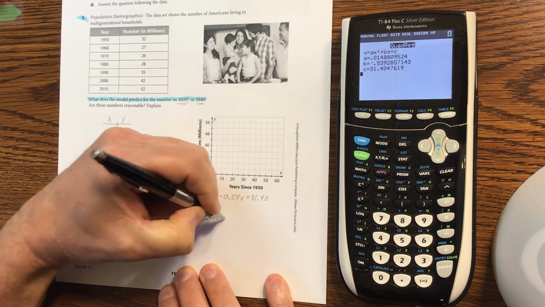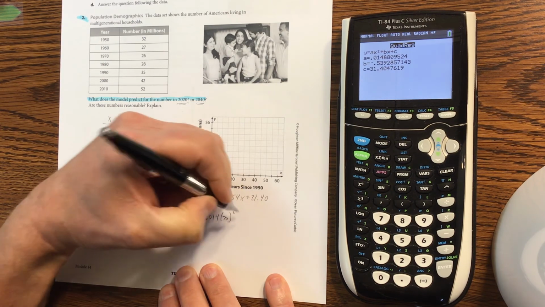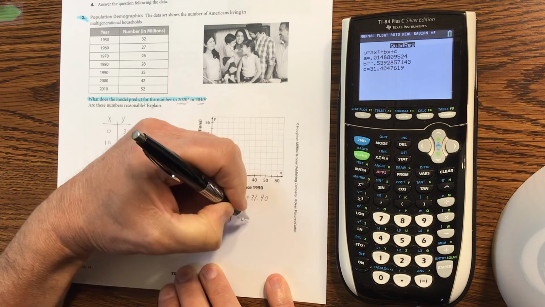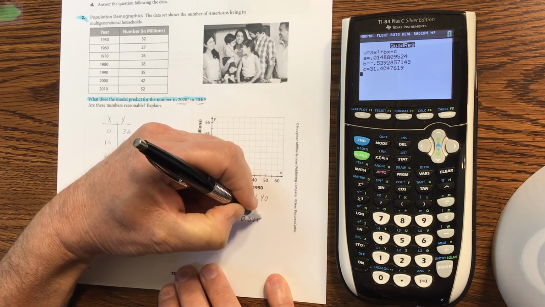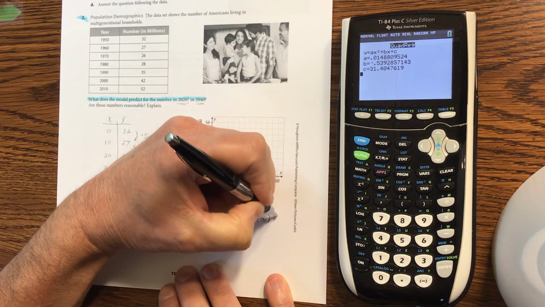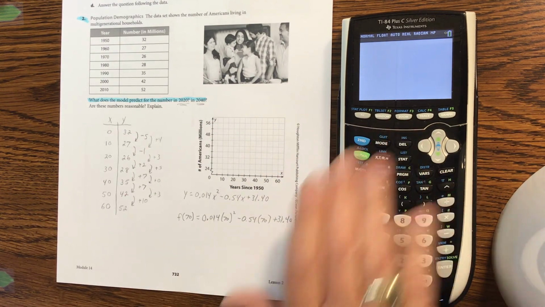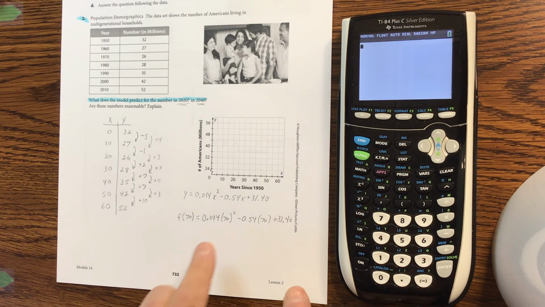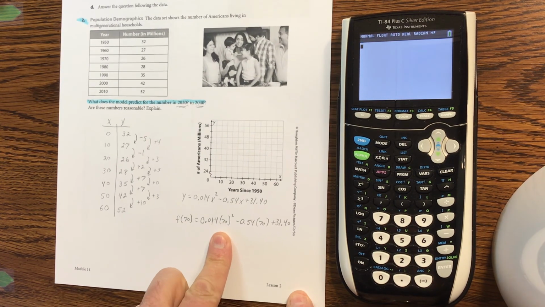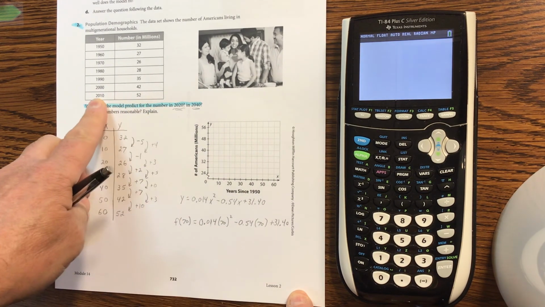Then we clear what we just did and find out what our number of millions of people will be in the year 2020.